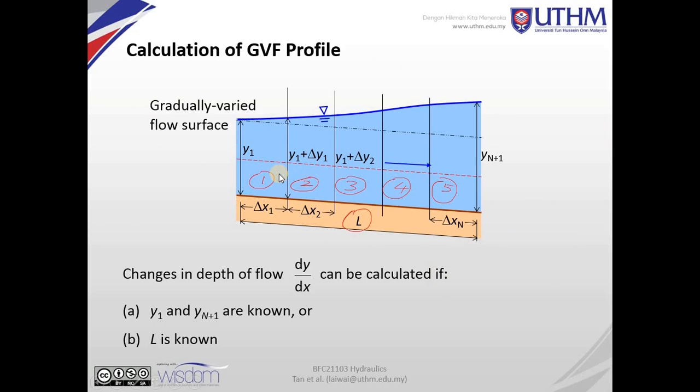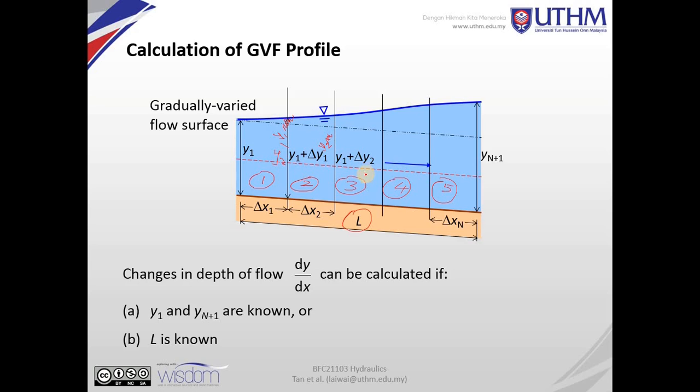Like this picture, here we have y1, and this will be y2. And then when we want to move to the next segment, the second segment will be y1 new, and this one will be y2 new.